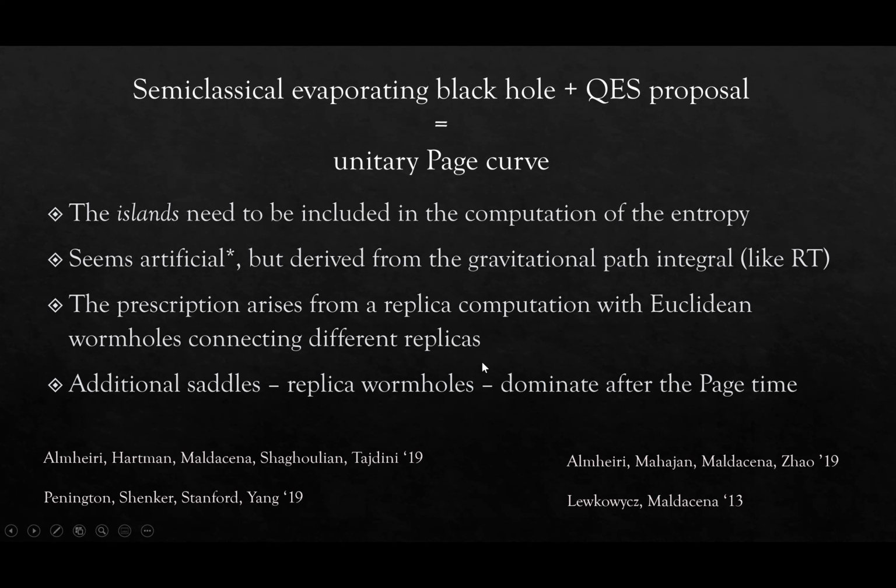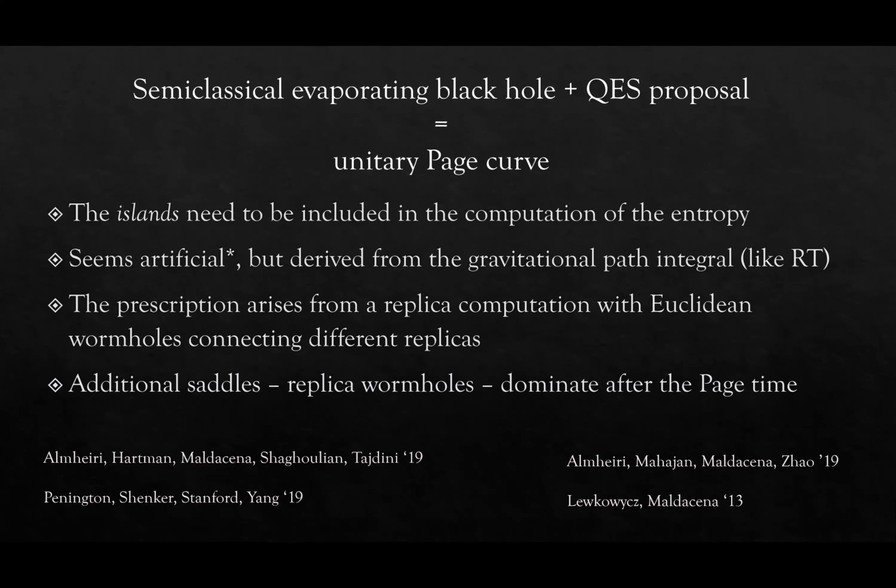Eventually, we have to take n equals 1, but it seems that there are some replica wormholes connecting these replicated manifolds. And those replica wormholes will present additional saddles for the gravitational path integral, additional to the original Hawking saddle.